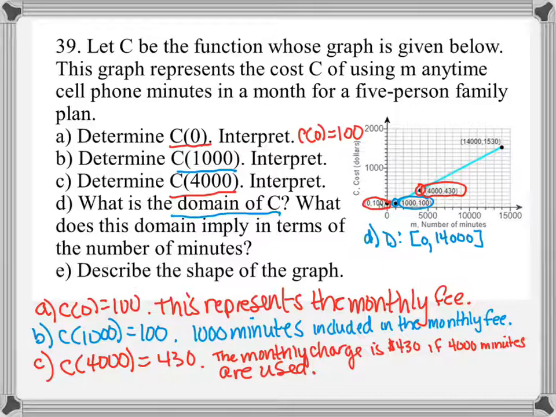That's what we see on that light blue turquoise graph. This implies that there is at most 14,000 anytime minutes. And of course, we're not going to have negative minutes.